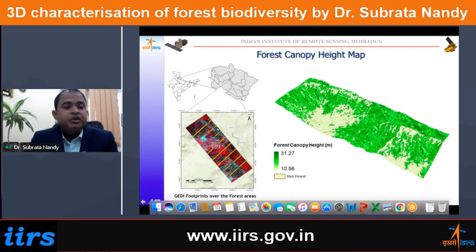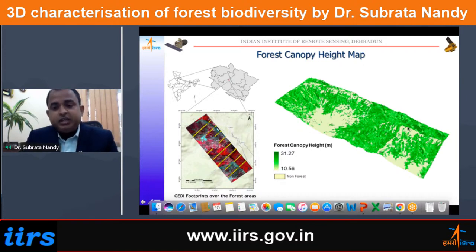So what we have done is integrate these heights with the Sentinel-1 data to generate a 3D model of this forest, and of course you can see the canopy height also, which varies from around 11 meters to 31 meters here. So you can see these areas where you have the tallest trees, and these areas of course have shorter trees.